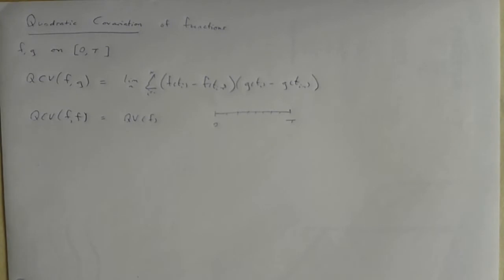Now, this also you've probably never heard of, and there's an even better reason for this, because this also tends to be zero quite often for the kinds of functions you normally run into.